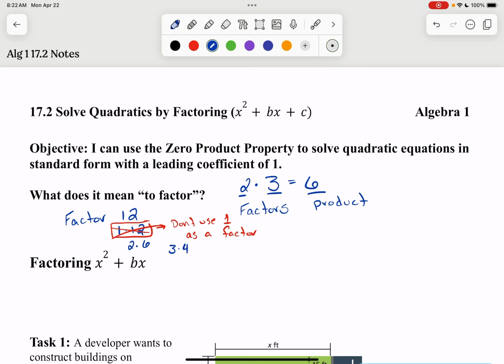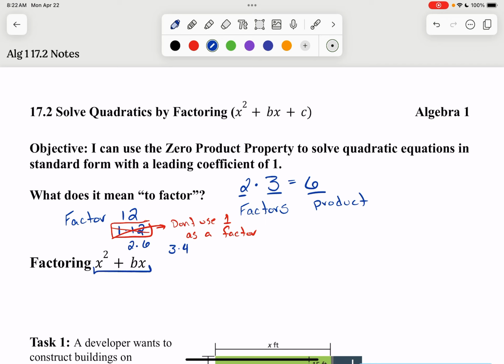So we're going to be factoring polynomials, but it's that same idea. What do I multiply? If I'm asked to factor this, x squared plus bx, it's asking me what two things can I multiply to get this?